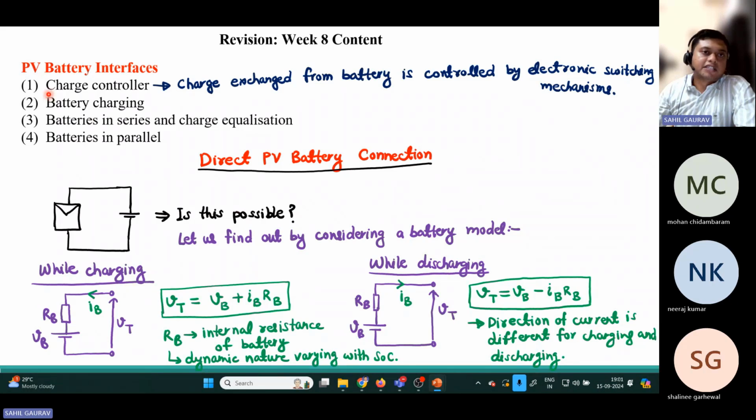The first one is the charge controller, and then we will see battery charging, and then batteries in series and the charge equalization concept, and then we will see batteries in parallel.